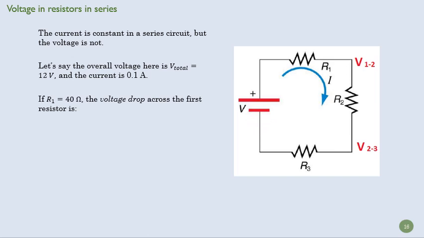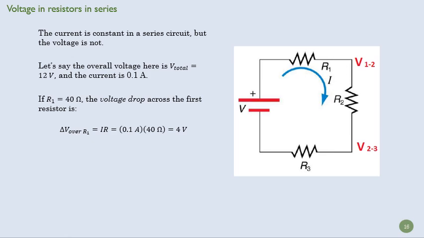If resistor 1 is 40 ohms, then what we call the voltage drop, we can calculate using Ohm's law, right? So one version of Ohm's law is change in V equals I times R. This is just a rearrangement of Ohm's law. So we put in our current and our resistance, and we get 4 volts. What does that mean?